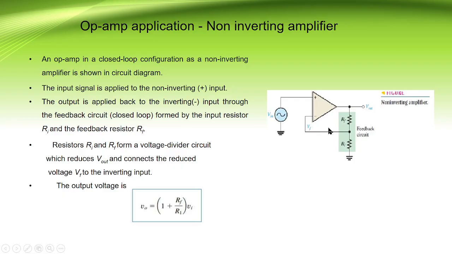The overall output voltage for this circuit will be equal to V naught is equal to 1 plus Rf by R1 into Vi.